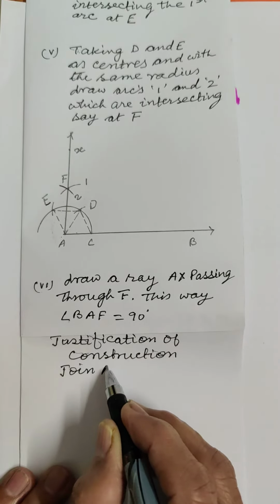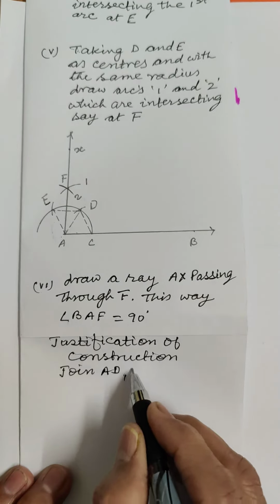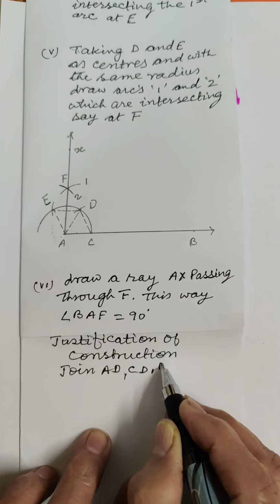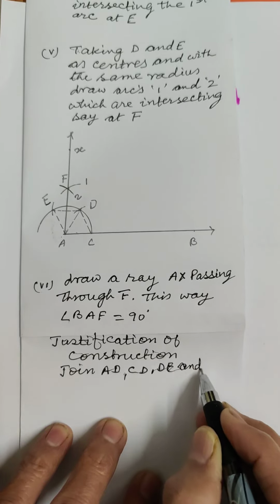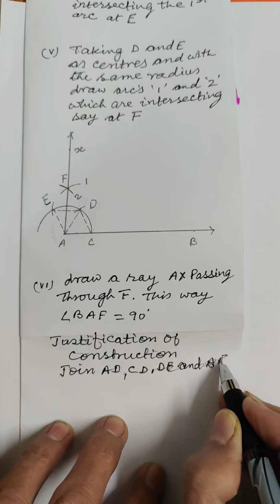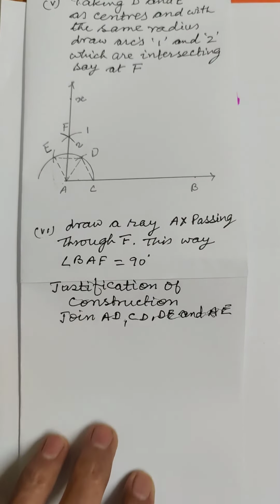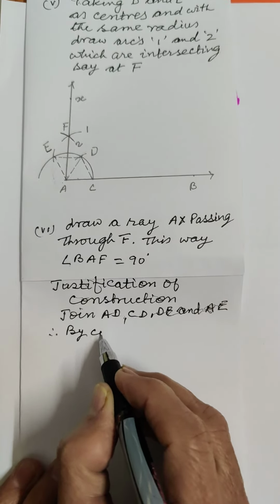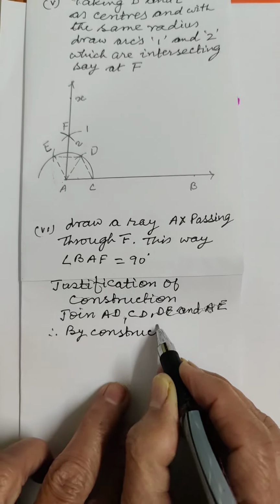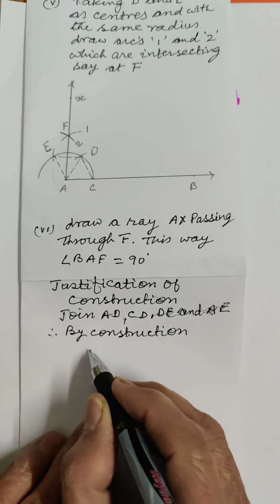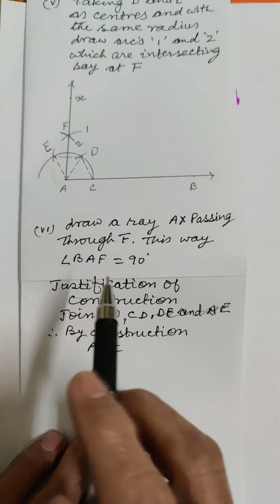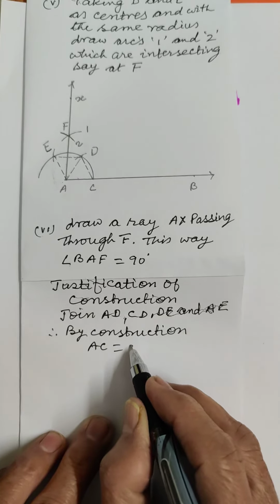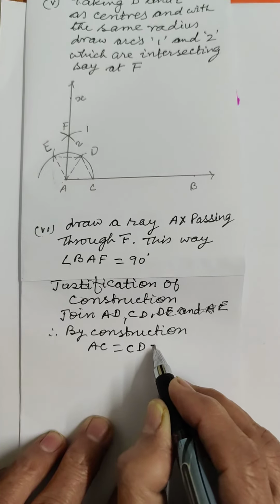Join AD, CD, DE and AE. By construction, AC is equal to AD, and CD and AD.